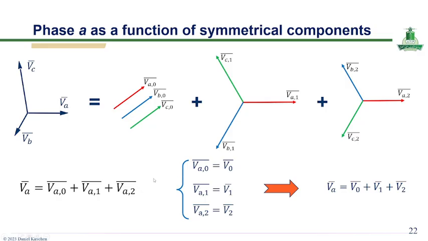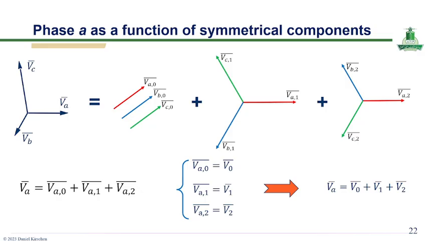VA is equal to VA0 plus VA1 plus VA2, where VA0 represents the zero sequence component, which is identical in all three phases. VA1 is the positive sequence component, representing the normal balanced system, and VA2 is the negative sequence component, which reflects the unbalance in the system.